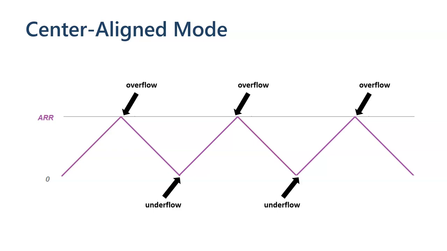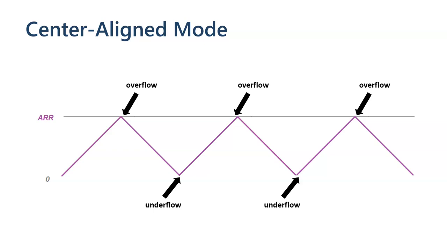You have an underflow, and then you start counting up again. The advantage of this style of counting is that there is less abruptness between the two values at the extreme, and it is useful for certain kinds of applications like pulse width modulation for power electronics and so forth. We'll talk about that later. So there are 3 different kinds of mode.